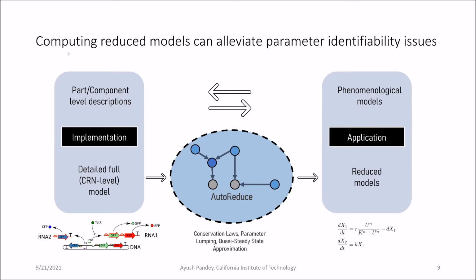That way you get an idea about what parameters affect the output that you are measuring or care about the most, and you can attempt to identify those parameters. I have not gone into that here, but it's definitely an implemented feature for AutoReduce and also for Bioscrape.